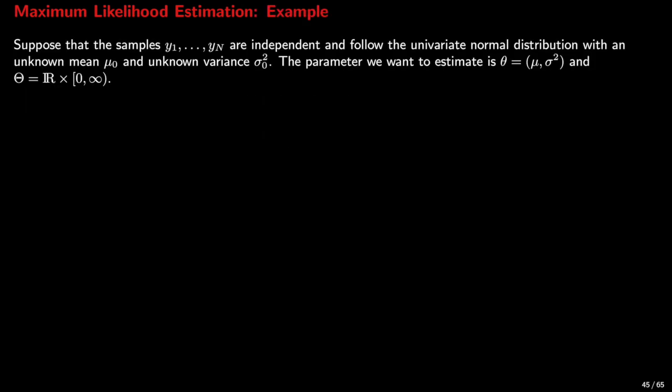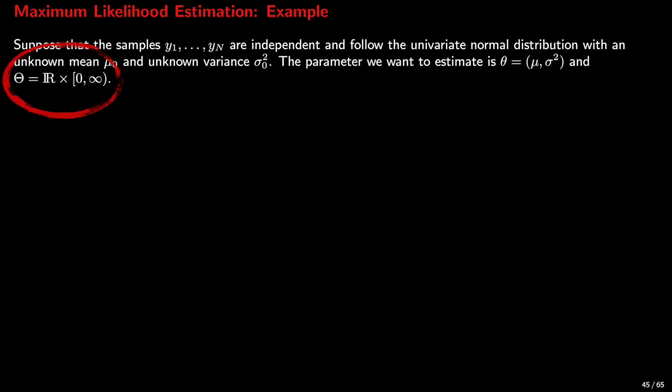Let us now see how we can use the maximum likelihood estimation approach to estimate the parameters of normally distributed independent samples. Suppose that the samples y_1, y_2 up to y_n are independent and follow the univariate normal distribution with an unknown mean mu naught and an unknown variance sigma naught squared. The parameter we want to estimate is theta equals (mu, sigma squared), and the parameter space is this.